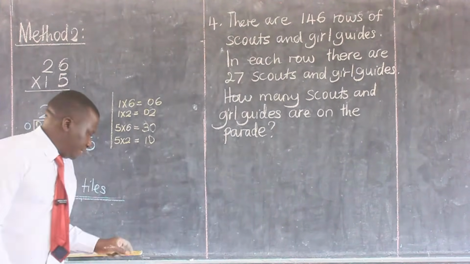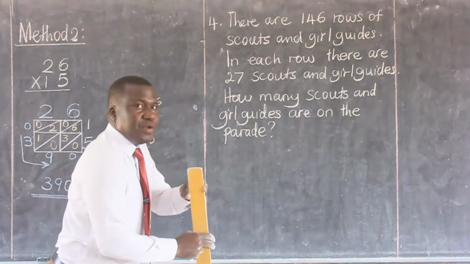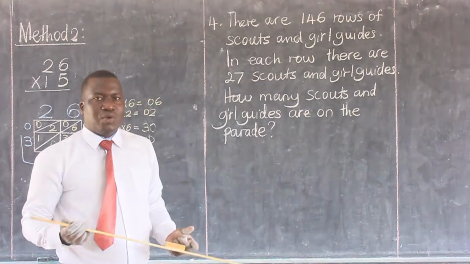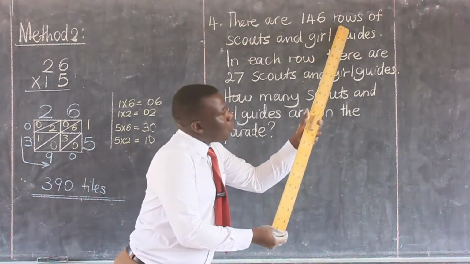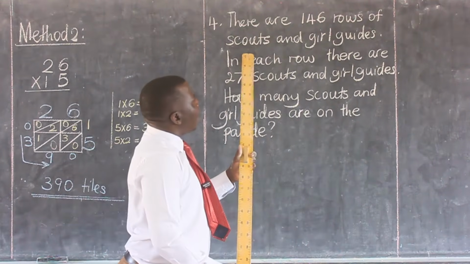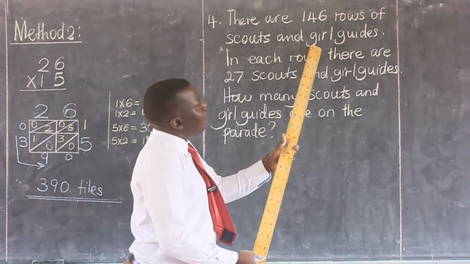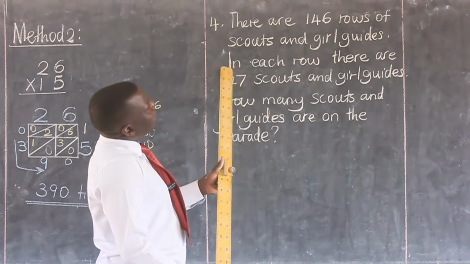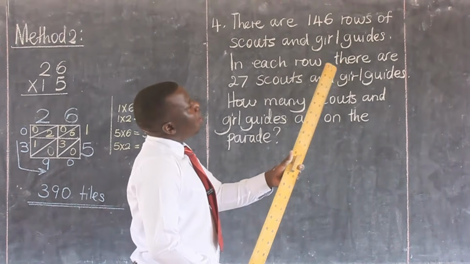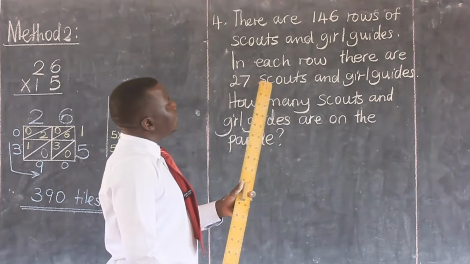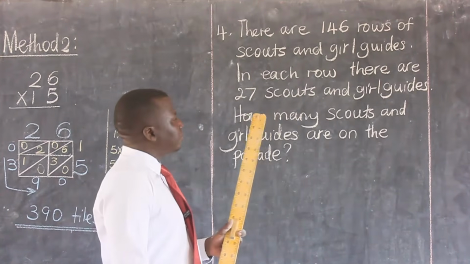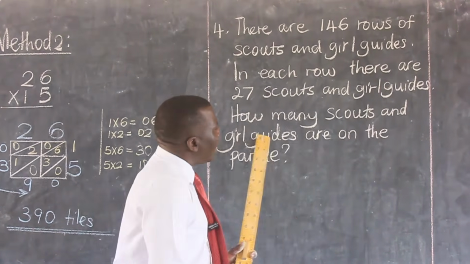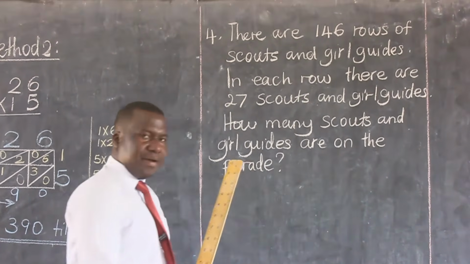Dear children, can we read through this question, all of us? There are 146 rows of scouts and girl guides. Okay? In each row, there are 27 scouts and girl guides. How many scouts and girl guides are on the parade?